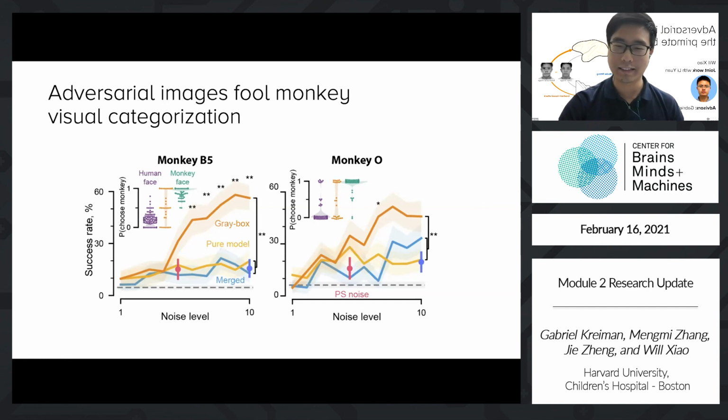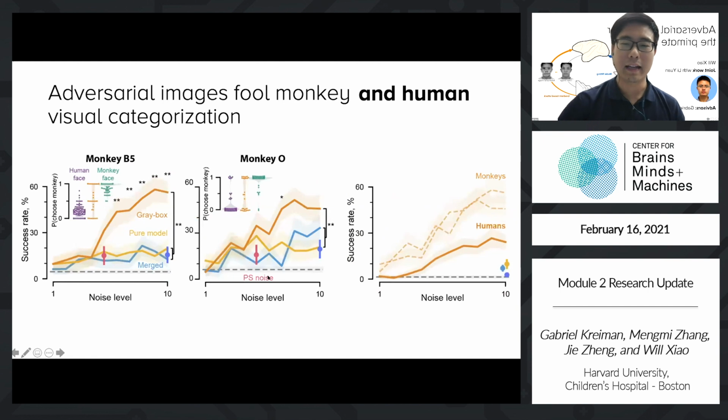And the monkeys were well trained on this task. And still they made up to 40 to 60% errors on these gray box images, while not making as much error on the other attack methods. And finally, we also tested the images on Amazon Mechanical Turk.